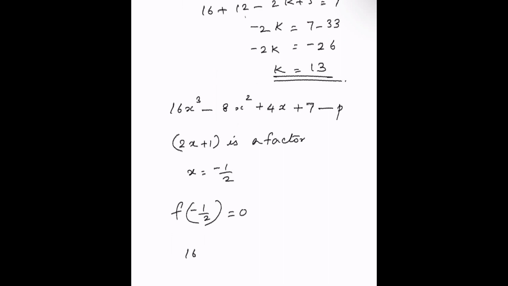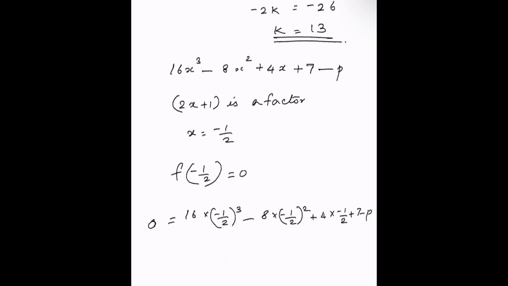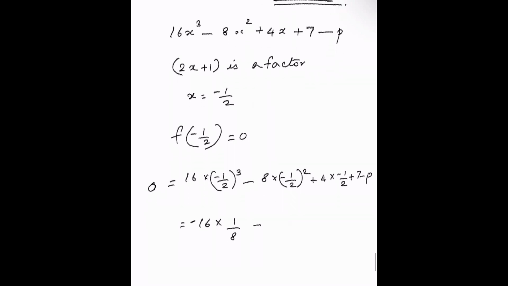So you will have 16 into negative 1 by 2 the whole cube minus 8 into negative 1 by 2 the whole square plus 4 into negative 1 by 2 plus 7 minus p. I'm not sure, I am yet to complete. Any of you got minus 1? 16 into 1 by... oh, it's 1. Is it? Okay.